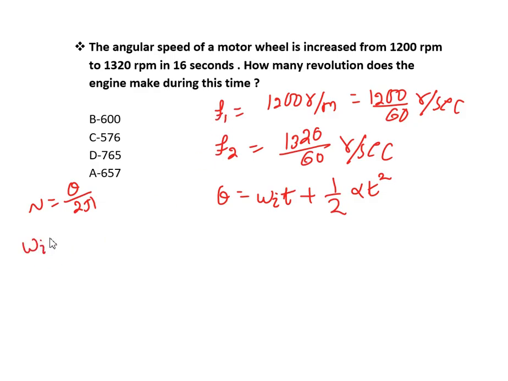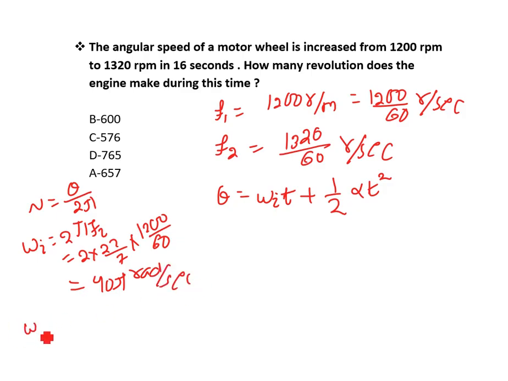Omega I will become 2 pi f1. So it will become 2 into 22 by 7 into 1200 by 60. If I calculate, the answer is 40 pi radian per second.